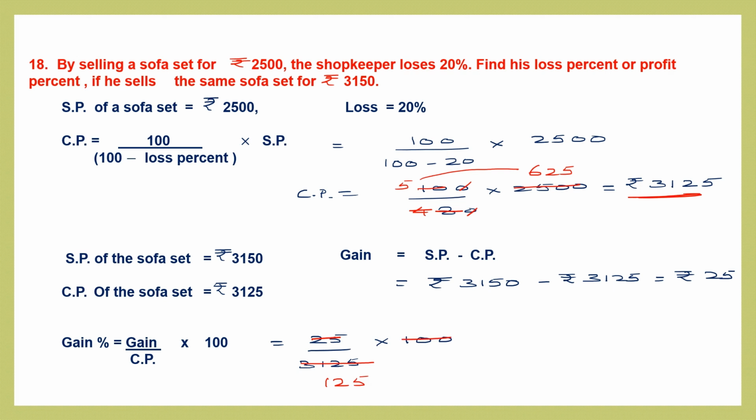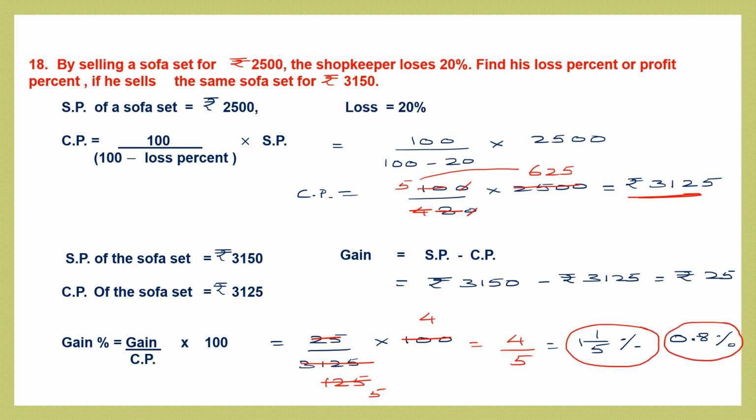So 25 into 4 is 100 and 25 into 5 is 125. So this is 4 by 5, which when we convert it, we get 4 by 5% or 0.8%. So this is our answer. We have found the profit percent, 4 by 5%, or you can write it as 0.8%.